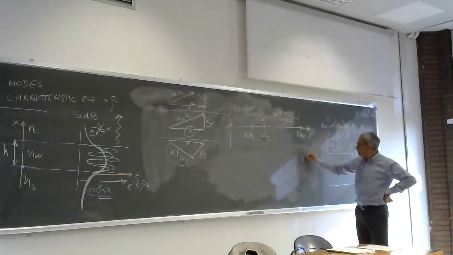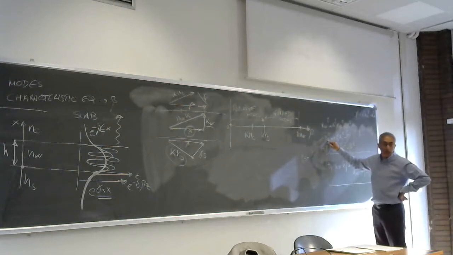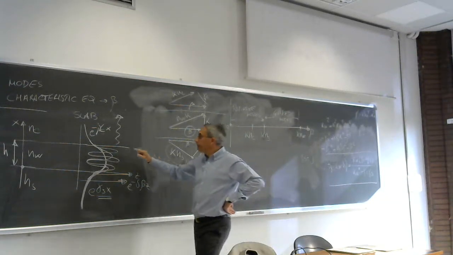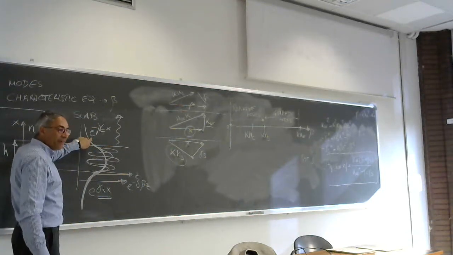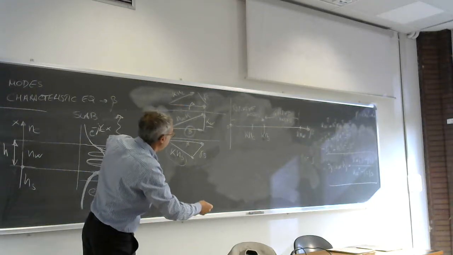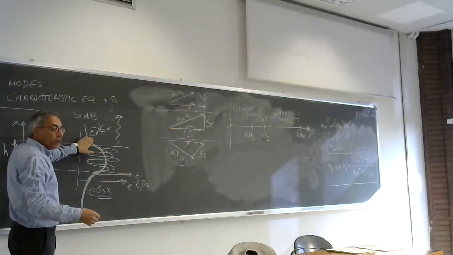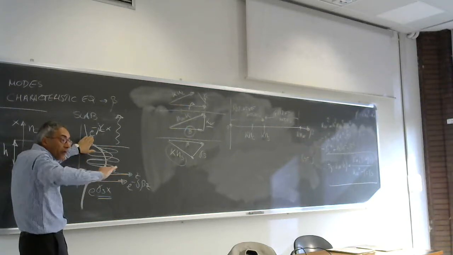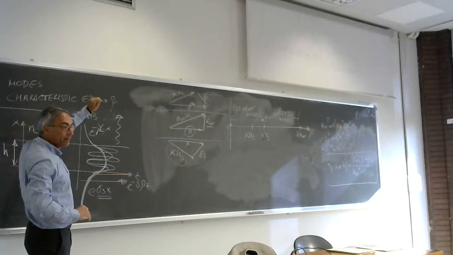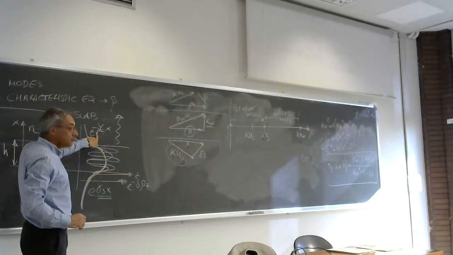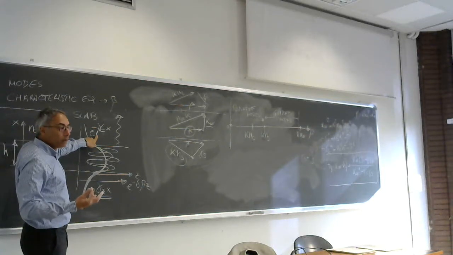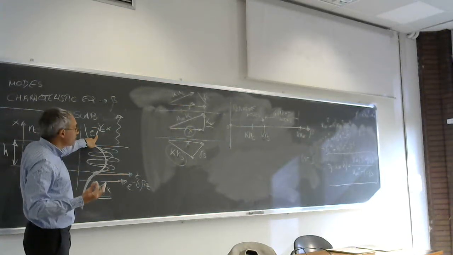So gamma s is imaginary. So it means that the behavior of the field in the substrate or the cover is no more exponential decay without propagation, going away from the waveguide in the x direction, but is a wave. So we are losing energy. So the mode is losing energy.